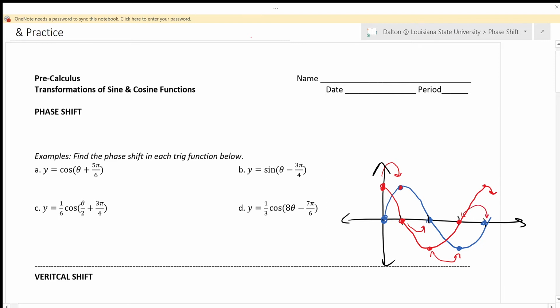So what does that mean about sine and cosine? Yeah, if we were to shift the cosine graph and write its equation with a phase shift, we would literally end up with the sine function again.